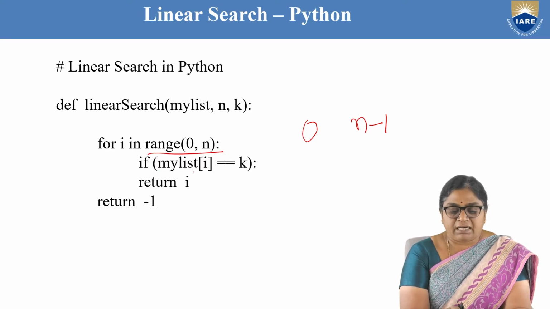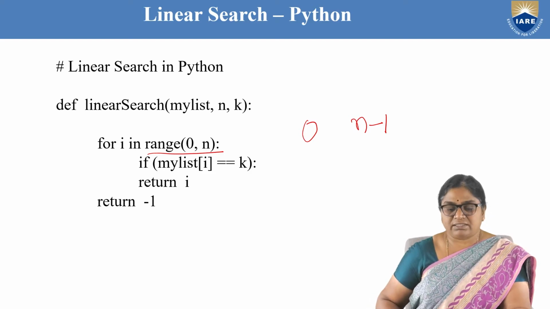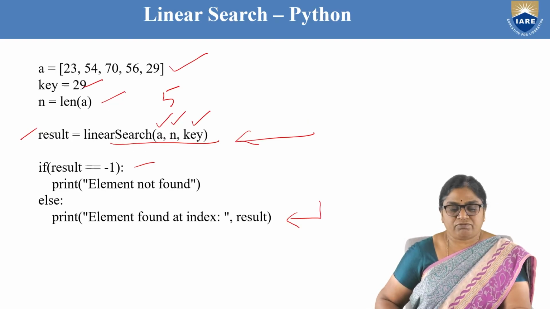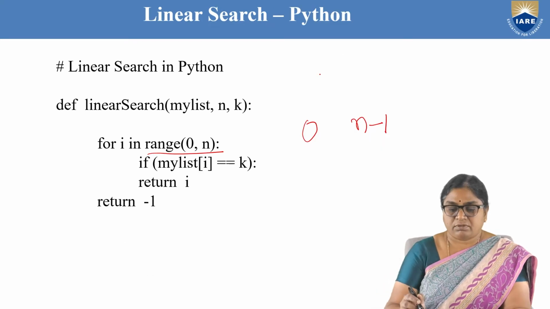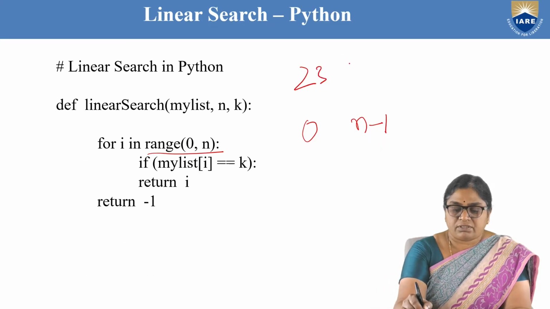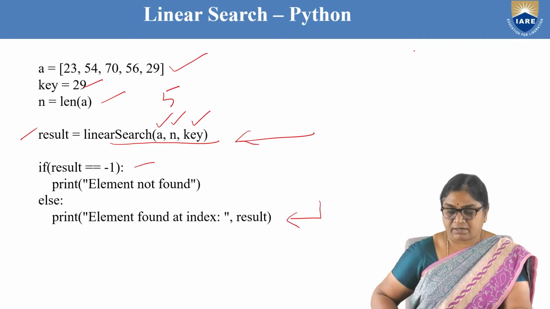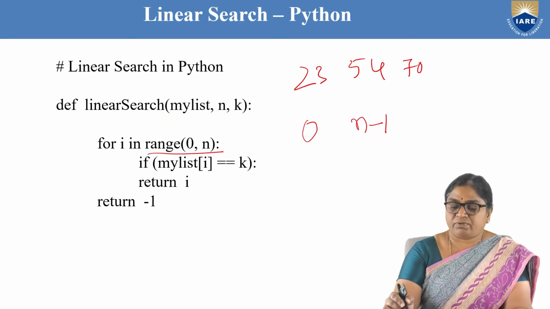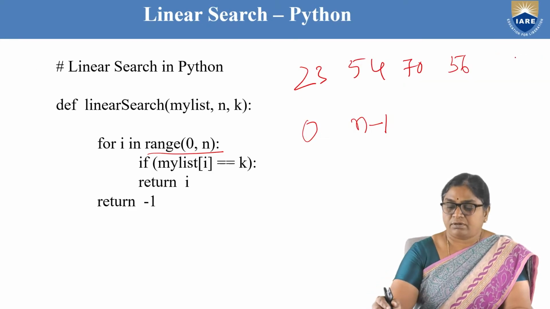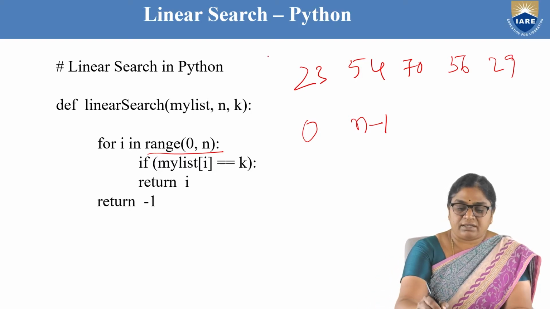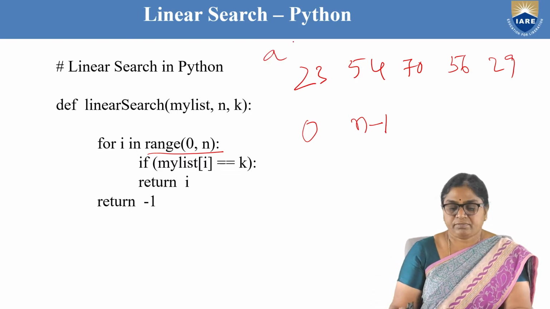Suppose the list which we are considering is 23, 54, 70, 56 and 29. This is list A.